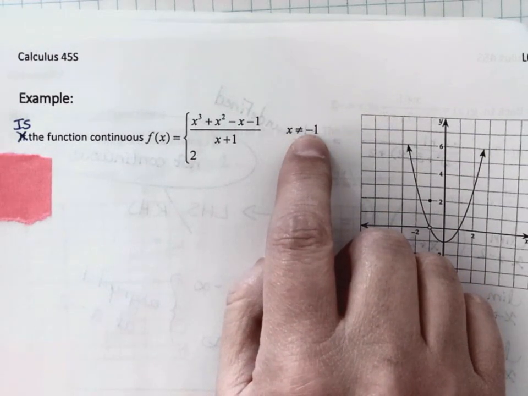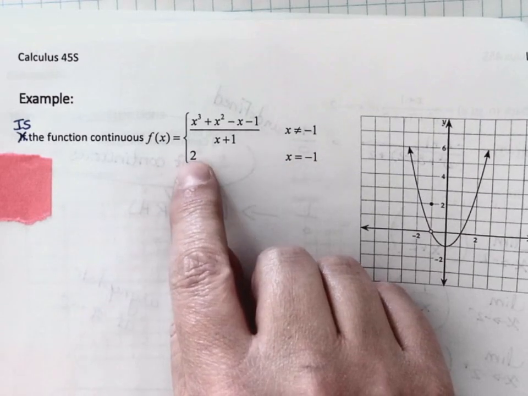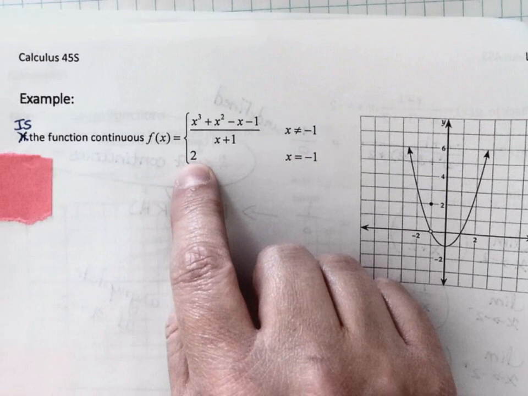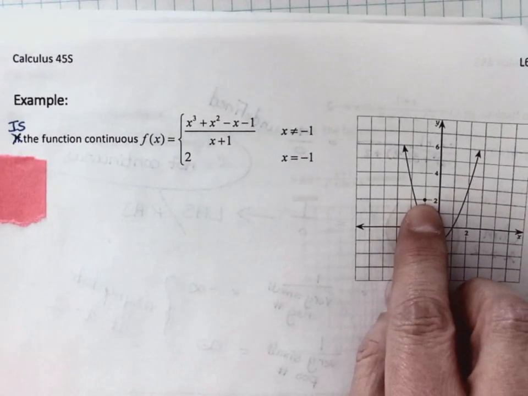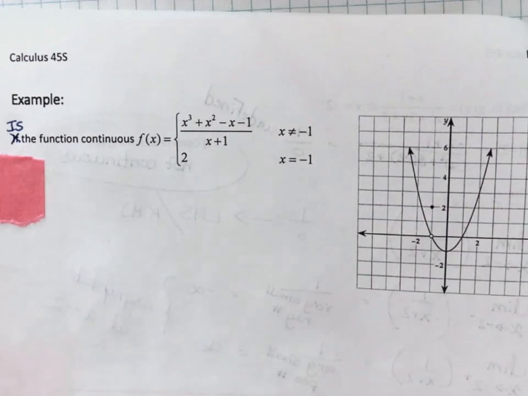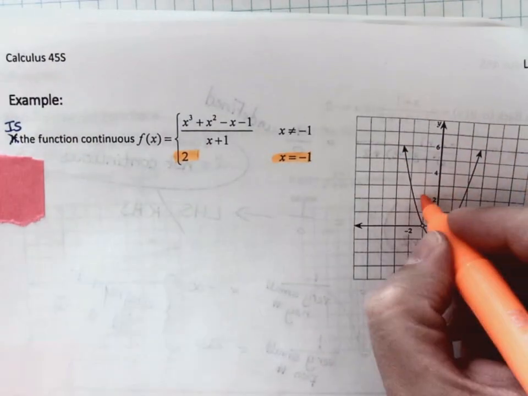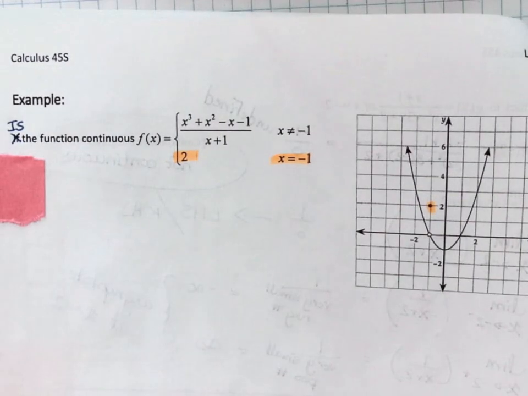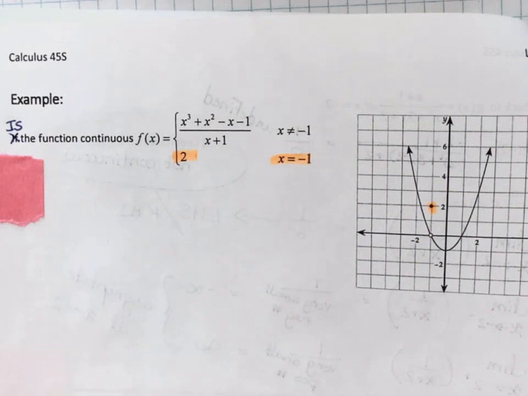But at x equals -1, I'm telling you that the function is a constant function with a point of 2. So if you look at this graph, it has this one single dot. With this domain, that is that little point right there. It's weird. You probably haven't seen that before, but it's just a restricted domain on a constant function.